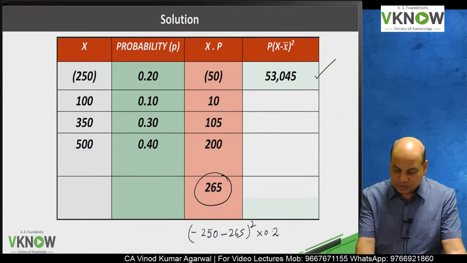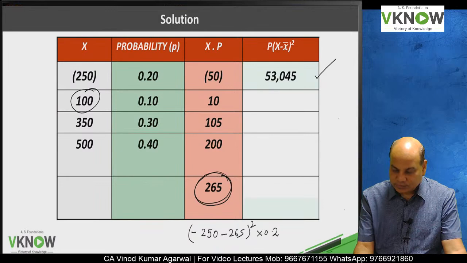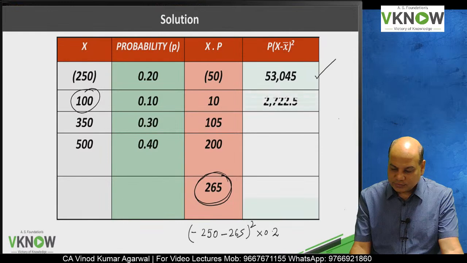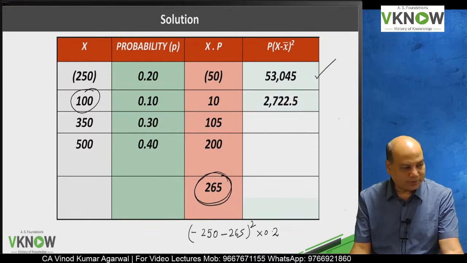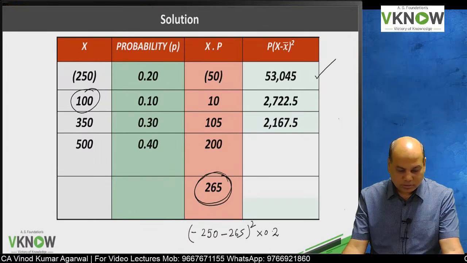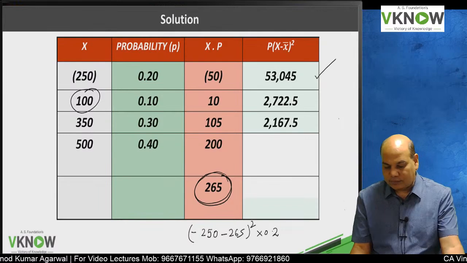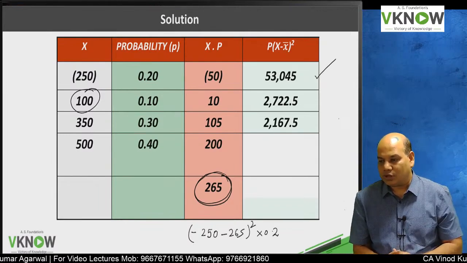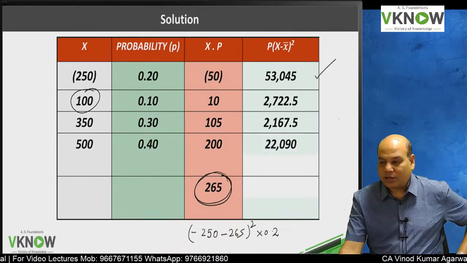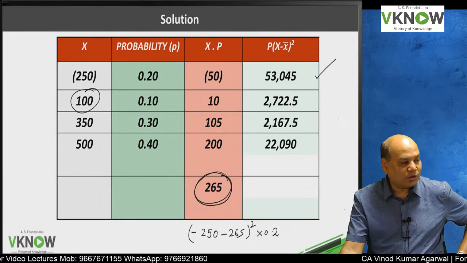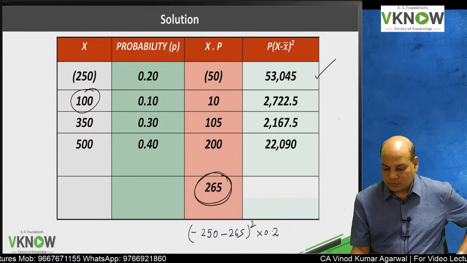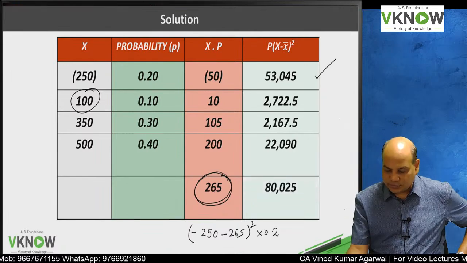Next, try 100 minus 265, square, into 0.10, that is 2722.5. Next, 350 minus 265, square, into 0.3, that is 2167.5. 500 minus 265, square, into 0.4, that is 22,090. The total is 80,025.